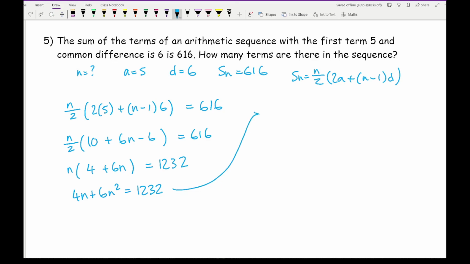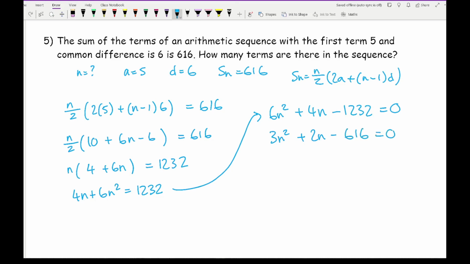Hopefully you'll spot this looks like a quadratic. So we've got 6n squared plus 4n minus 1232 equals 0. I can simplify that by dividing everything by 2, so I've got 3n squared plus 2n minus 616 equals 0.